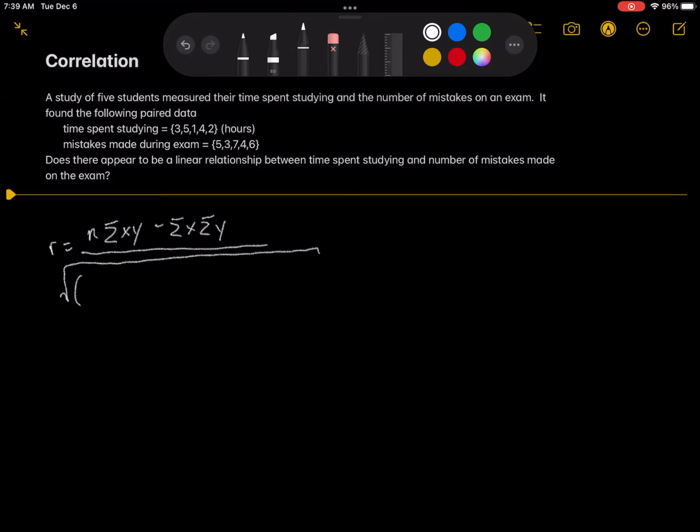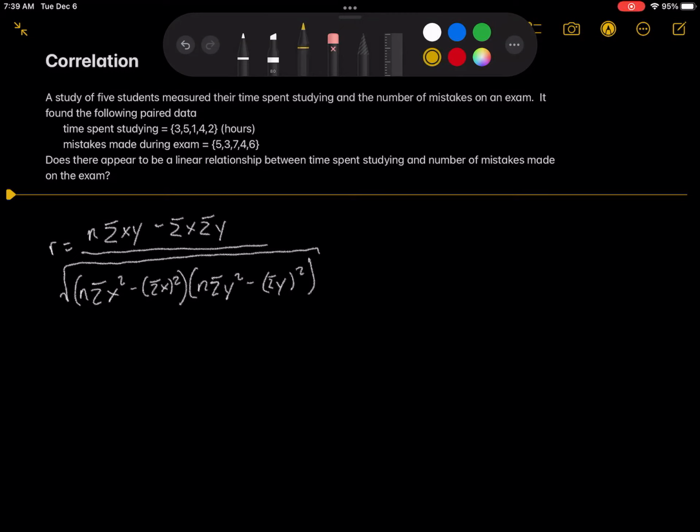Inside the square root, you have a product of 2 things, and these 2 things are exactly the same, just with different variable names. You've got n times the sum of the x squareds minus the square of the summed x's, and n times the sum of the y squareds minus the square of the summed y's.